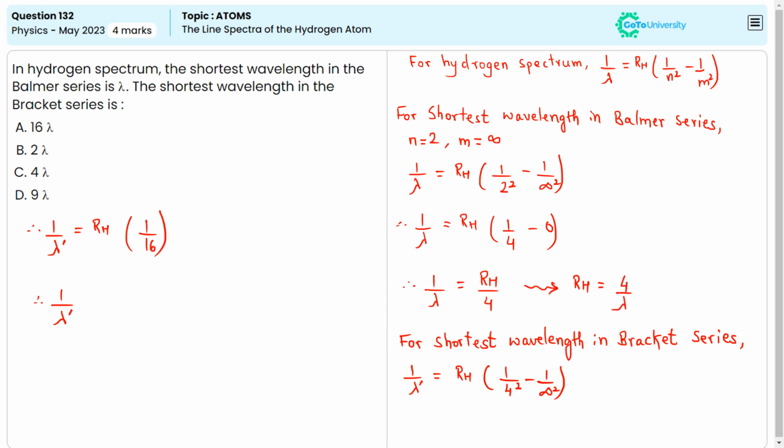Okay, so 1 upon lambda dash equals 4 upon lambda multiplied by 1 upon 16. So this will be equal to 1 upon 4 lambda. So therefore the value of lambda dash will be equal to 4 lambda. Okay, so the right option is option C.